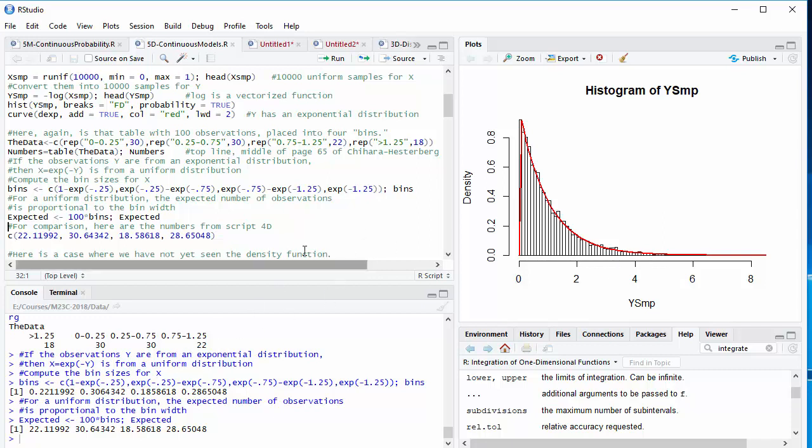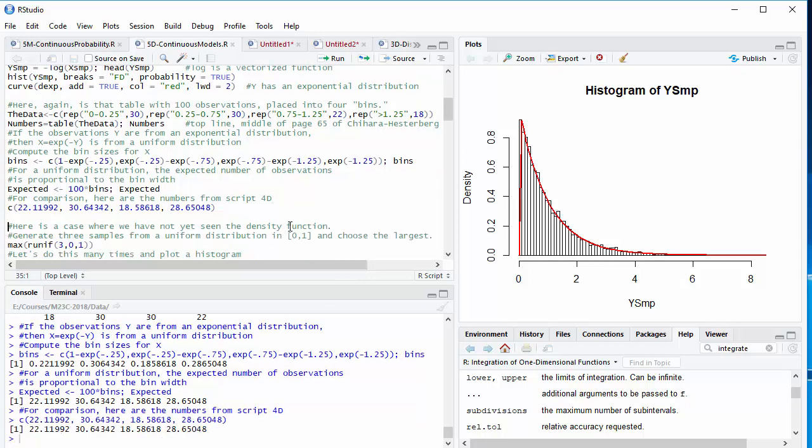And if you look, you'll see this was just another way of doing the same calculation we did in a different script a week ago. But now here's a case where we haven't seen the density function yet. What I'm going to do is generate 3 samples from a uniform distribution in 0 to 1, and then select the largest of the 3.